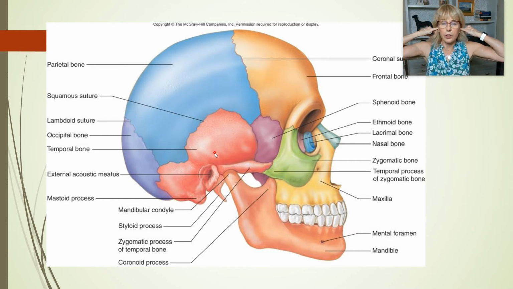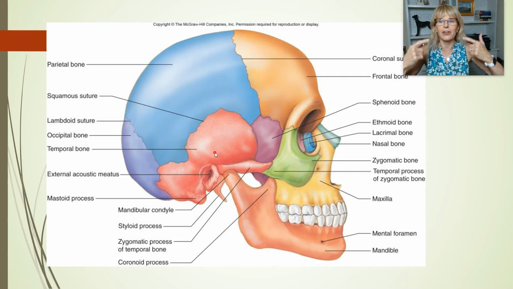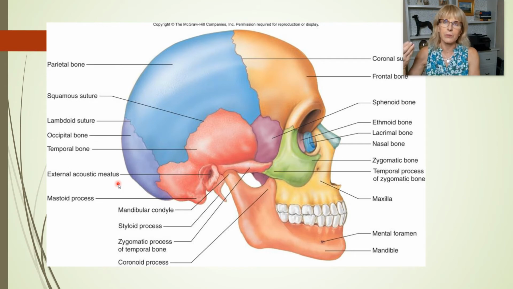You know, if you put a Q-tip in your ear, it kind of goes down into your skull because it's going into the external acoustic meatus. The external acoustic meatus goes down to the middle ear, and all of that is inside of your temporal bone, along with your inner ear.